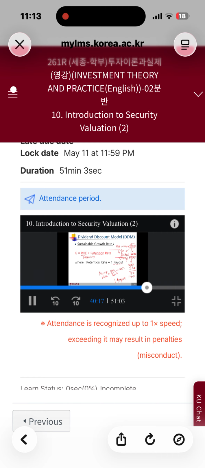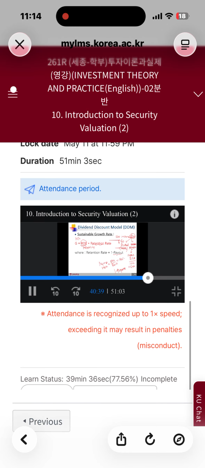And the return on equity here, return on equity infers the profitability of the firm. So say on average, the firm earns 10% on its invested equity capital.